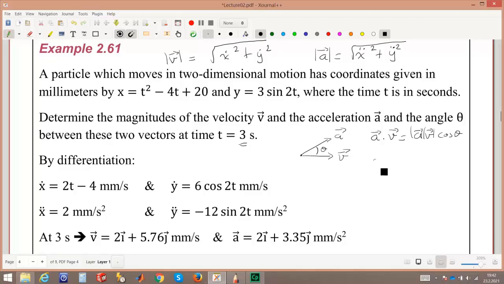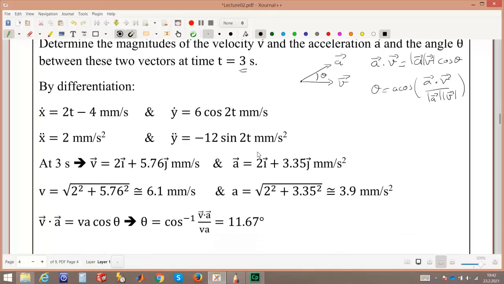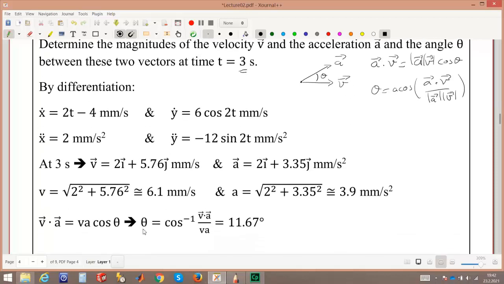And from here you can find theta as arc cosine of a dot v over the magnitude of a times the magnitude of v. And this is how you would find it for any value of time. This is the case for time equal to 3 seconds, and there's your result, which is 11.67 degrees if you do the necessary calculations.